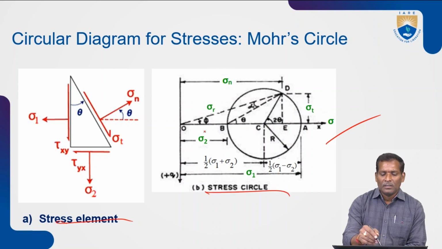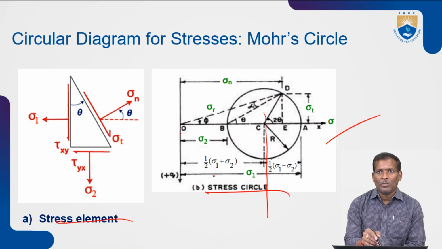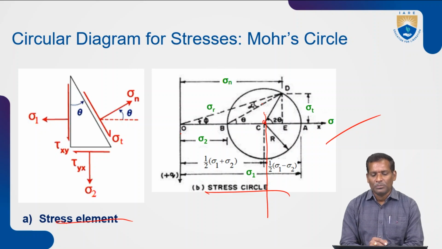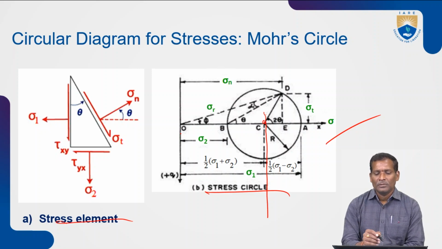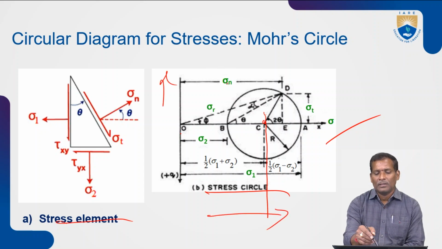The coordinates of C are (sigma 1 plus sigma 2) by 2 comma 0.